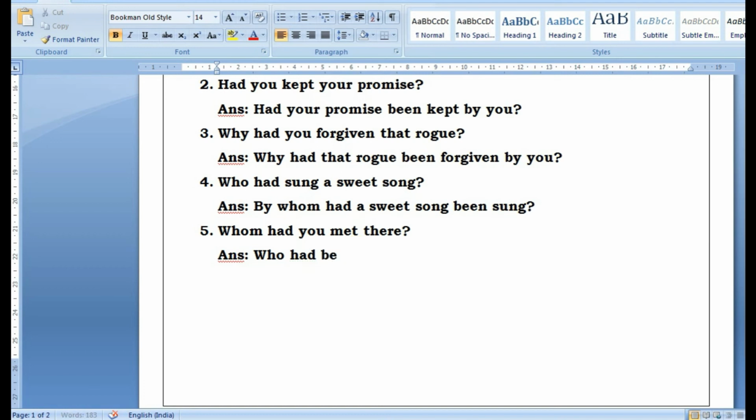So who had been, this there will be considered an extra. Extra means second object. And we already know that second object is always put after the verb.